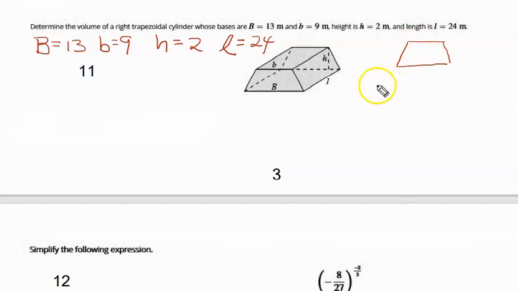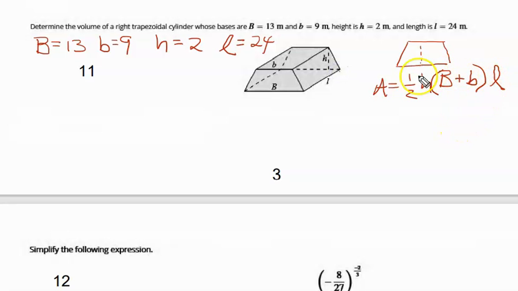And the formula for a trapezoid for area is area equals 1/2 the height, which is this, times the base and the top base, the sum of that. And then we have to find and add to that its length here. So we add an L there.